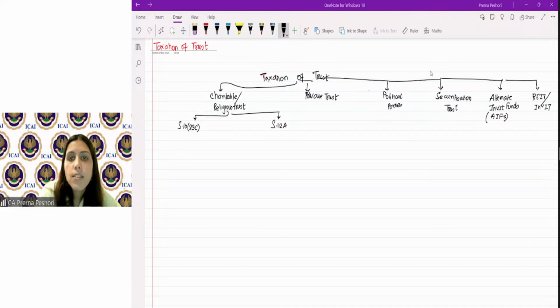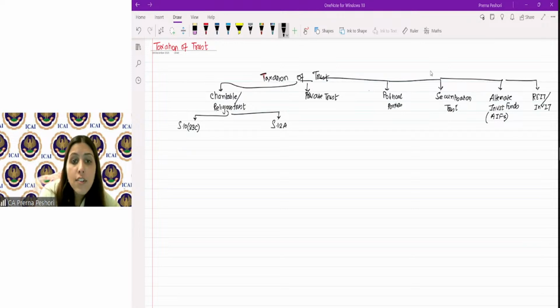So trust, students, is not a person. Understand that very, very carefully. Trust is not a person at all. So under the definition of person under section 2(31), the trust is not a person. Are we clear? So trust is not considered as a person.